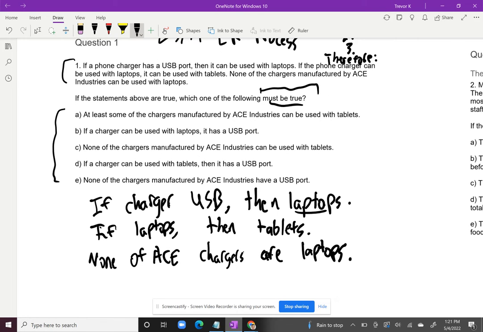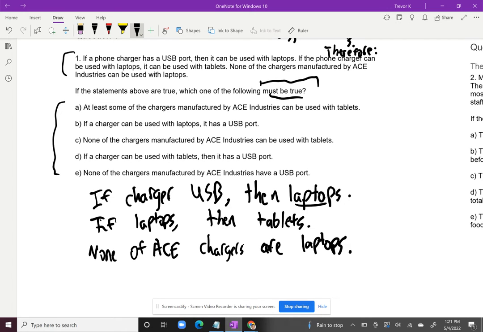Now, what do we know from here? If none of the Ace chargers can be used with laptops, well, for one thing, I can't know for sure that they can be used with tablets. We have to be a little careful here. It's not that they can't be used with tablets, I just don't know for sure that they are. It's possible there's some other way. Maybe they're tablet-specific chargers that don't work with laptops, but I can't know for sure.